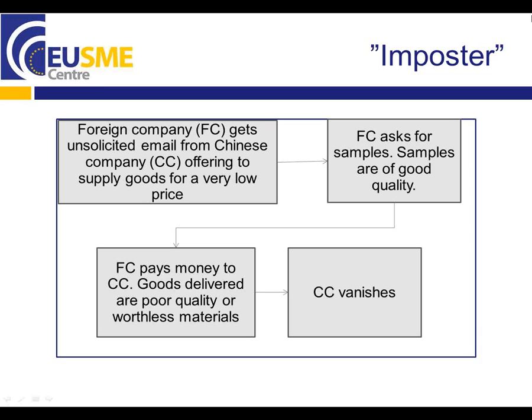It's very high. It's exactly what you needed and expected. Then you pay money to the Chinese company. Goods are delivered, but they do not correspond to the original samples. It means it's poor quality or worthless material. Then you continue to contact your authorized person in the Chinese company, but you cannot get in touch. It vanishes.